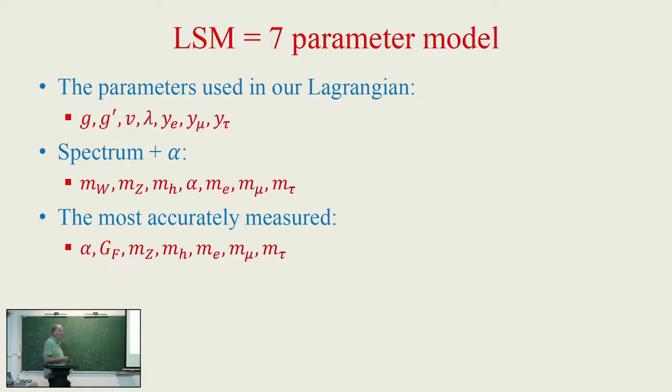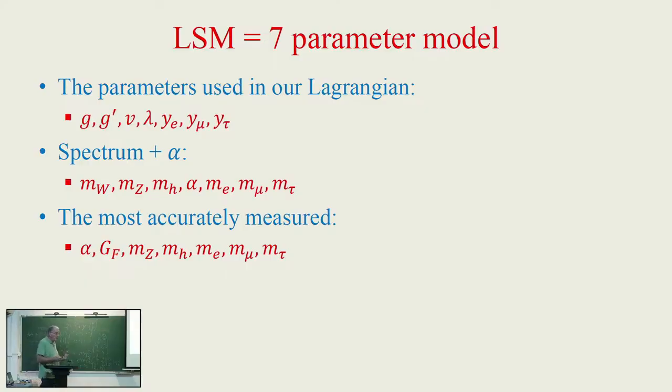These are the original 7, the ones that appeared in our original Lagrangian: the 2 gauge couplings coming from the covariant derivative, 2 parameters related to the scalar potential, the vacuum expectation value v and the quartic coupling lambda, and 3 Yukawa couplings, Y_e, Y_mu, Y_tau. All of these are real, so that's the signal that the model doesn't violate CP. So that's one way to present them, as originally presented.